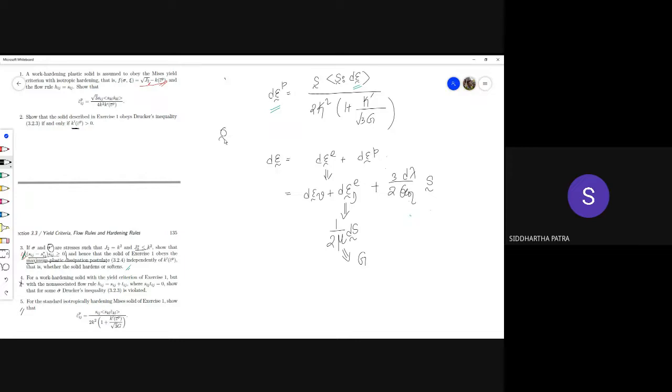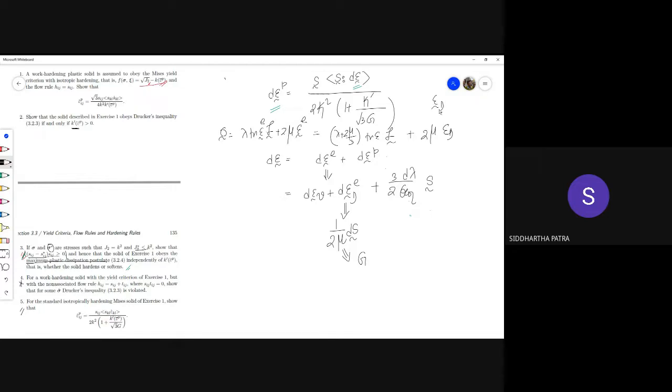So stress is like lambda times trace of epsilon times I plus twice mu epsilon. Okay, this is all elastic part, or this could also be written as lambda plus twice mu by 3 times trace of epsilon times I plus twice mu epsilon d.